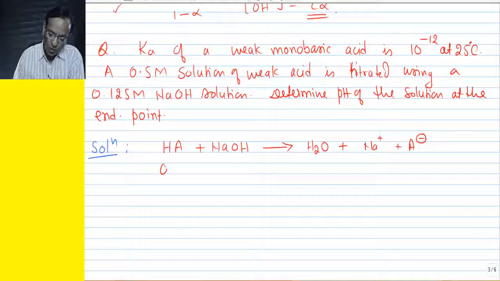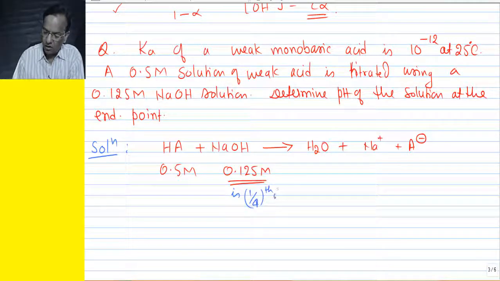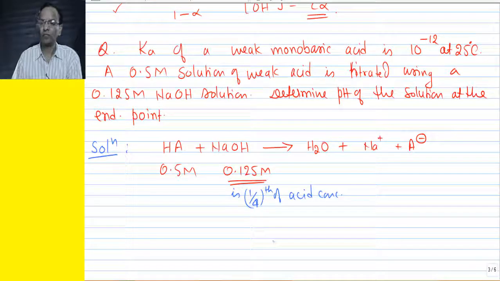Concentration of weak acid is 0.5 molar, but the concentration of base is 0.125 molar, and this concentration is 1/4 of acid concentration.